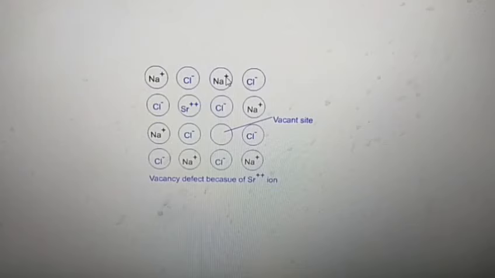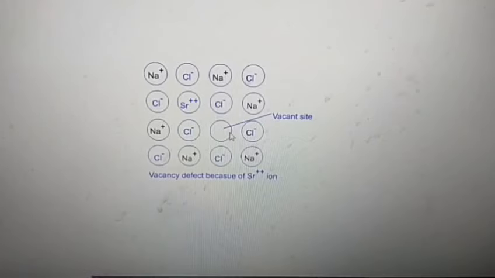So what happened? Each Sr plus 2 occupies the site of one ion, and to maintain electrical neutrality, since it is plus 2 and sodium is plus 1 only, one site should be vacant. Each Sr plus 2 has the capacity to displace 2 Na plus ions.